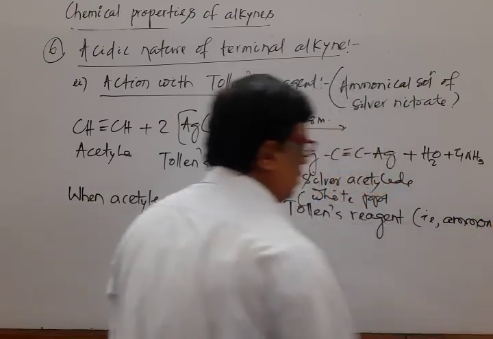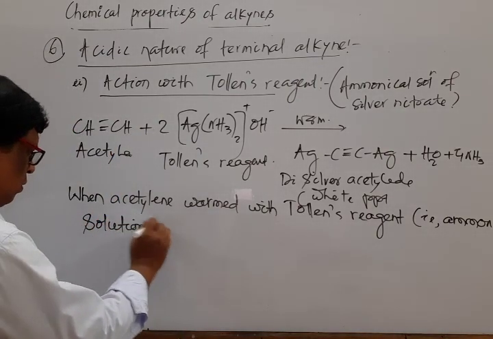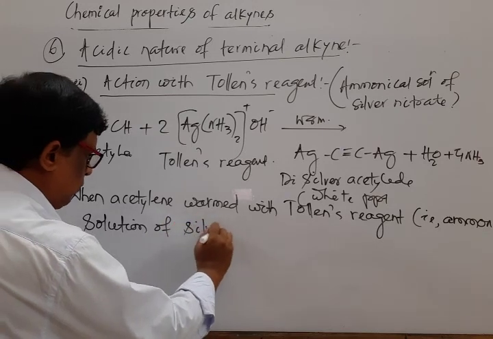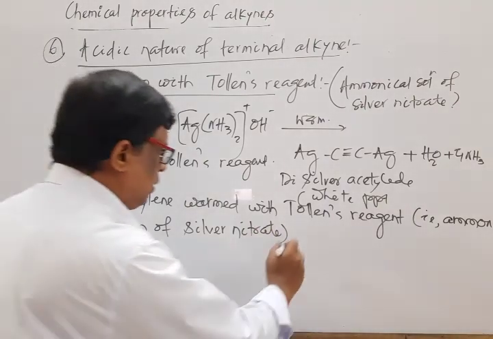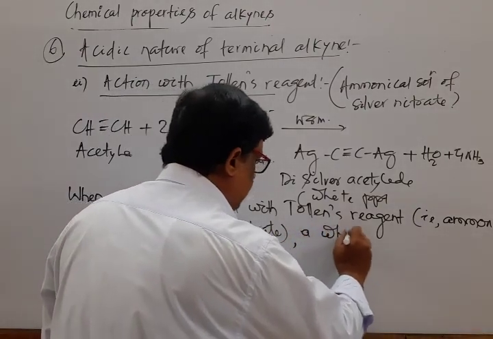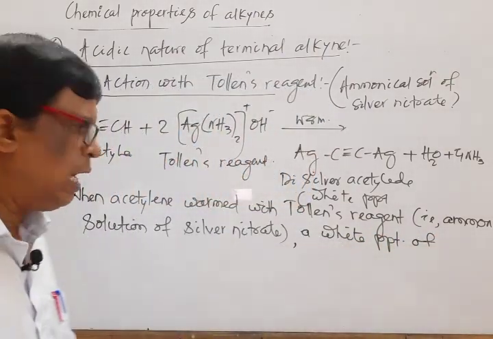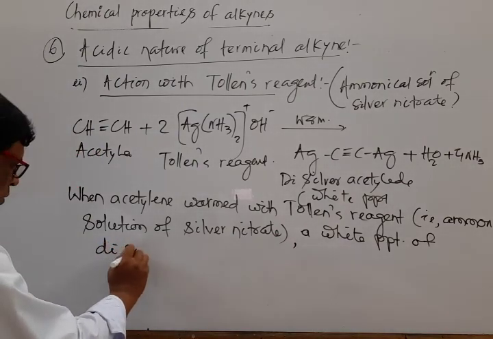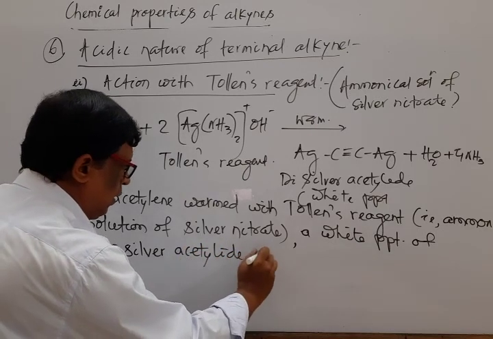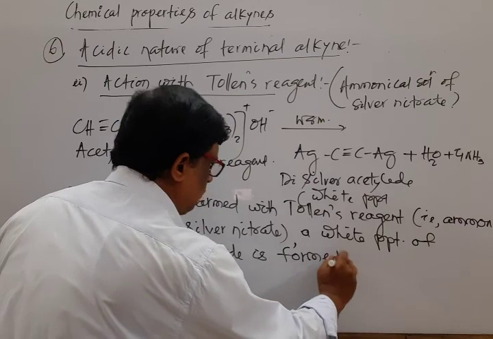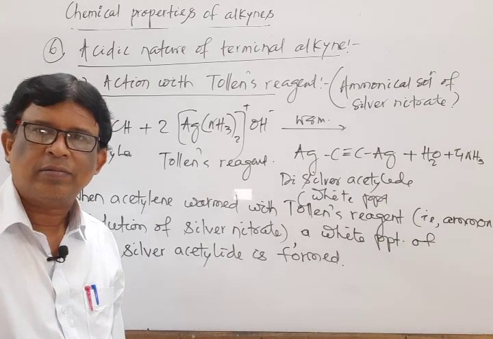Ammoniacal solution of silver nitrate, then a white precipitate of disilver acetylide is formed, which indicates that this terminal H is acidic in nature.